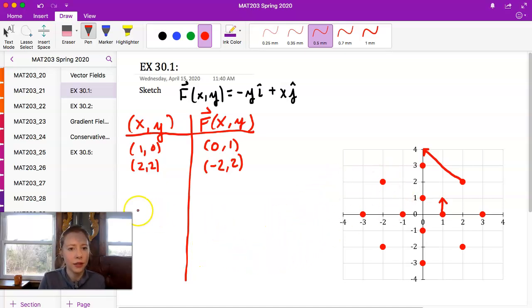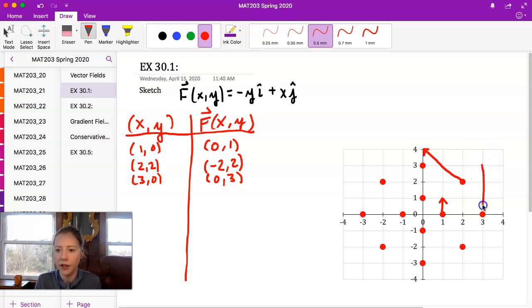And next, let's look at 3, 0. If we plug in 3, 0 into our vector field, we get 0, 3 out. So starting at 3, 0, we are going to go 0 in the x, and we're going to go up 3 in the y.